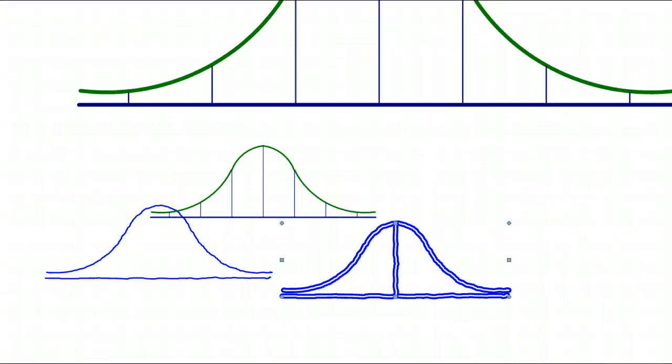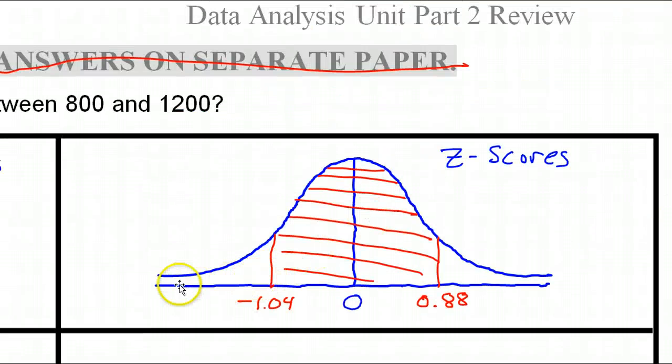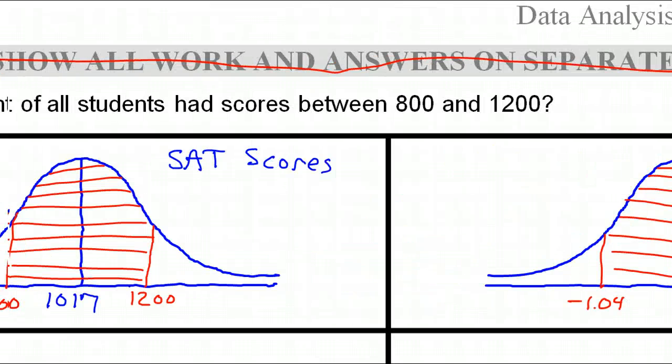So if I look up these z-scores on the chart, it's going to give me the area to the left of the negative 1.04, and this whole entire area to the left of 0.88. But if I want just the overlapping part here, then I need to subtract. I need to do the big percentage minus the smaller one. So just be ready to subtract.